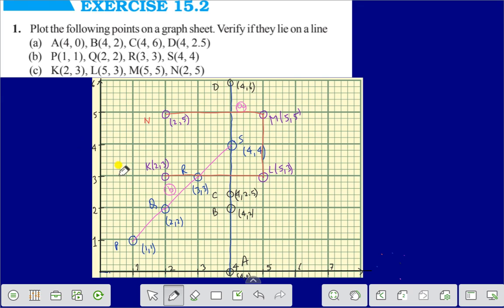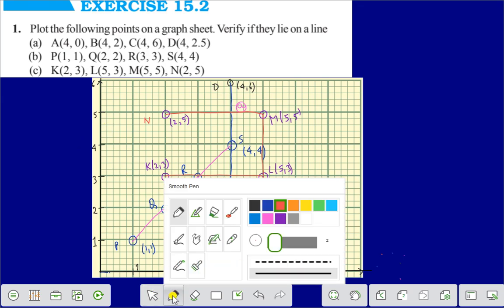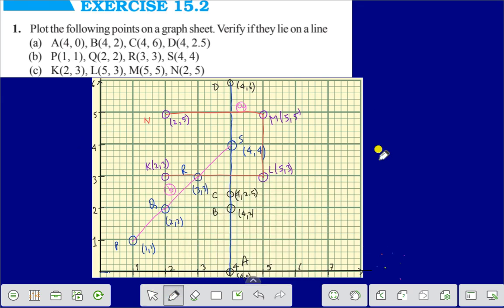Here you see A and B are linear graphs. This is a straight line, and this is also a straight line, but this is not a straight line, right?